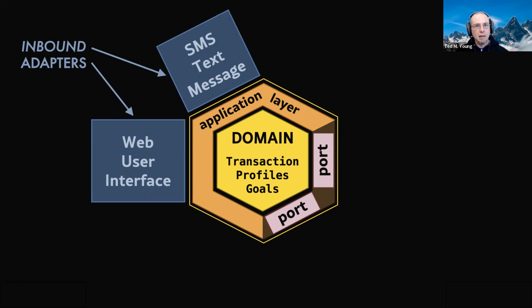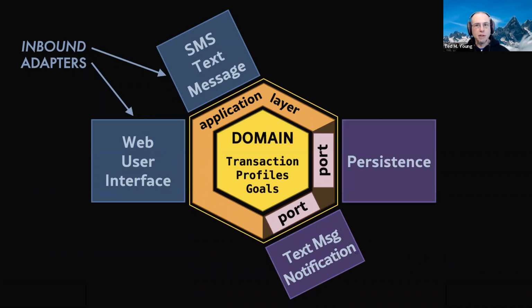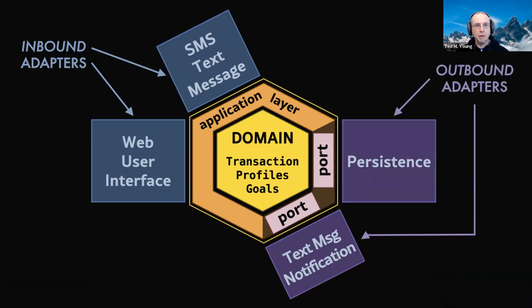Those translate and transform that information into calls against the application layer. And then there's an outbound text message notification, so we can actually send out, hey, you've reached your savings goal, now you can go buy whatever you were saving for. And of course, persistence. And so these are outbound adapters.